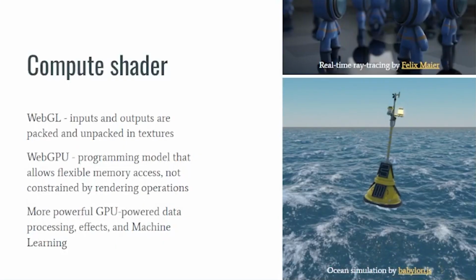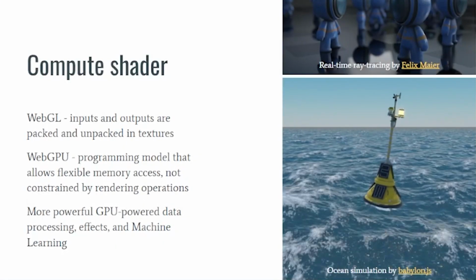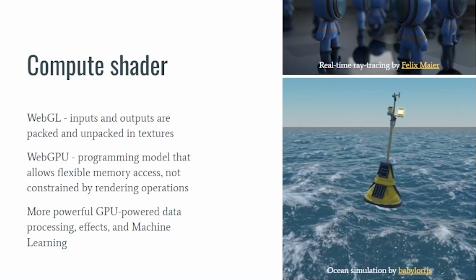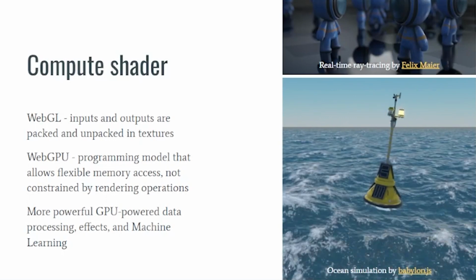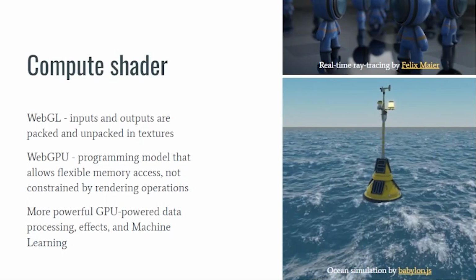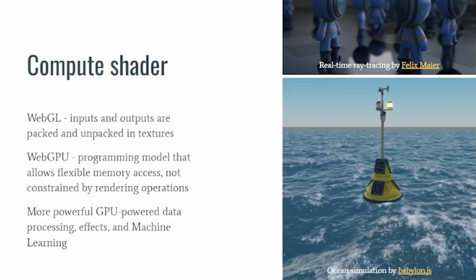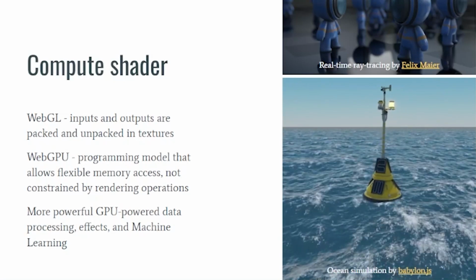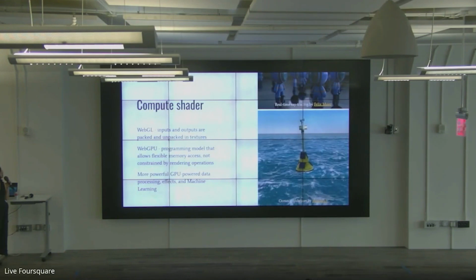WebGPU has a new powerful compute shader. So in WebGL, everything is rendering. Everything is purposed for rendering. Everything ends up being a pixel in a texture frame buffer. And for us to do any GPU-based computation or aggregation, we need to pack and unpack inputs and outputs into textures.